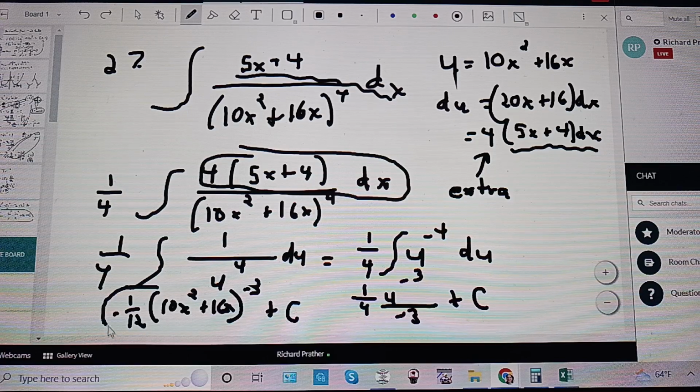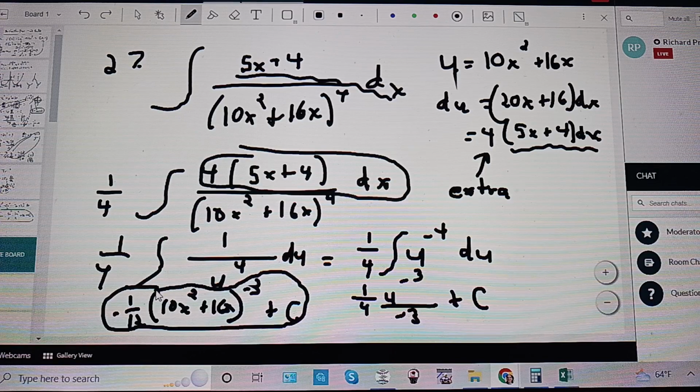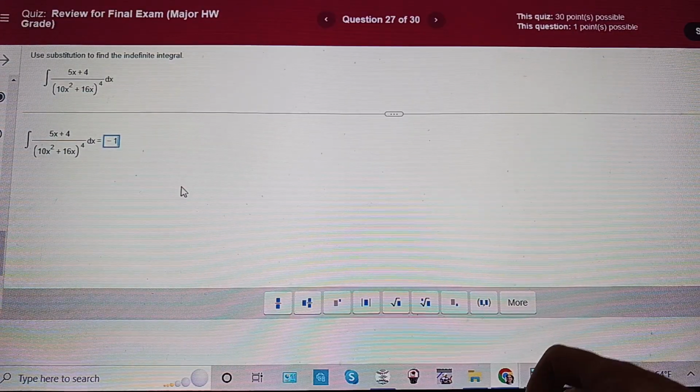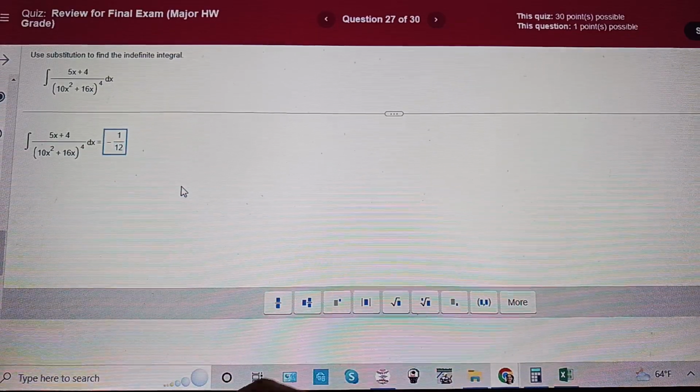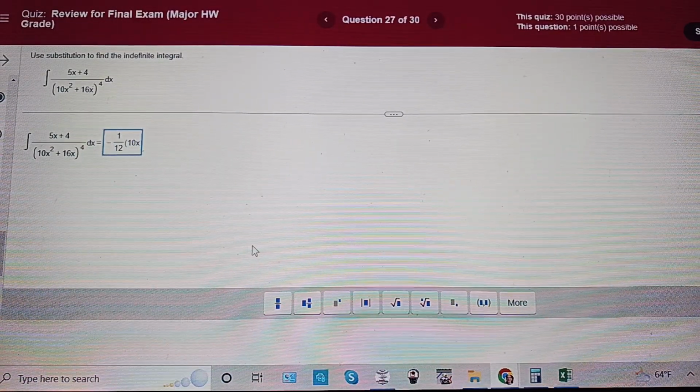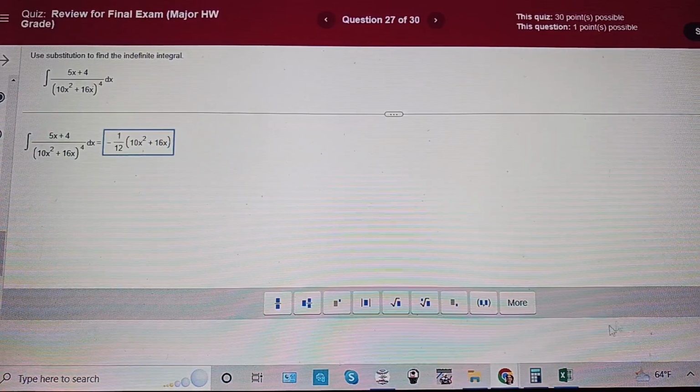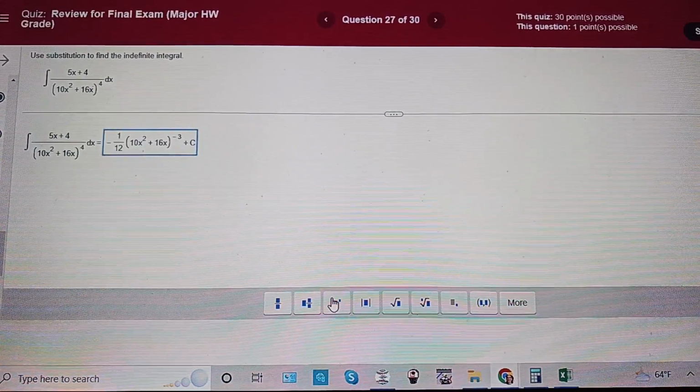And this would be good enough for the answer since it's an indefinite integral. I could make this -3 become a +3 by putting it down in the bottom with a 12 if you'd rather do that. But they'll take either answer. So -1/12, 10x squared plus 16x, and that's to the -3rd power if I write it this way, plus c. Or put it in the bottom and make it +3.